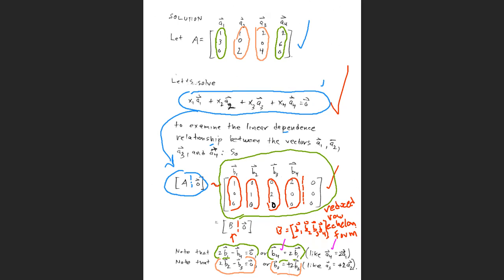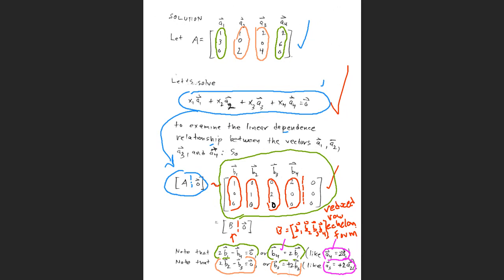The fact is that A4 is 2 times A1. So if you know what vector A1 is, A4 is or A1 is a half times A4. And A3 is 2 times A2.